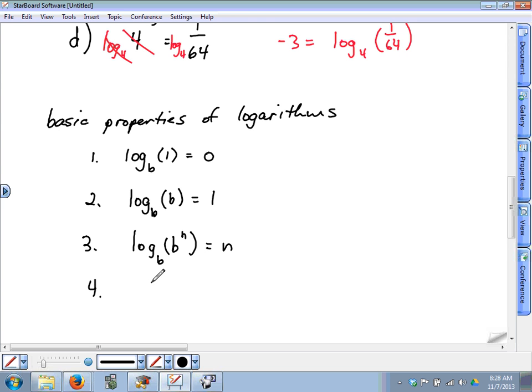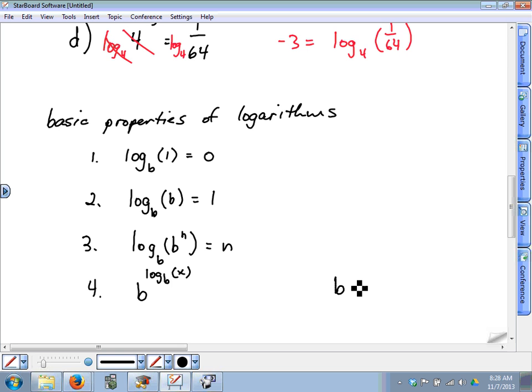I've already kind of mentioned this, but if you start with just a plain old base, no logarithm, but just a base, and the exponent of that base is a logarithm base b of x. Now you have to be careful on how you write this. I've seen students write it this way and then they get so confused.